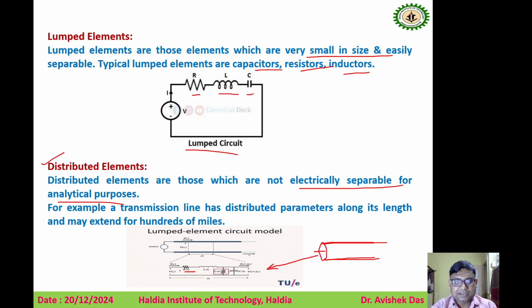And those elements, this inductor, this capacitor, cannot be easily separated from the circuit. Therefore, this element is known as a distributed element. So this is the main difference between the lumped element and the distributed element. A lumped element is a network element which can easily be separated from the circuit.